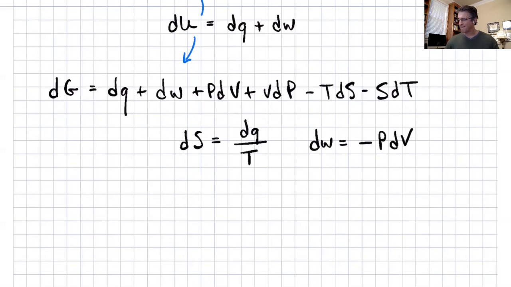Okay, we can rearrange this expression for entropy to say that dq has to be equal to T dS.